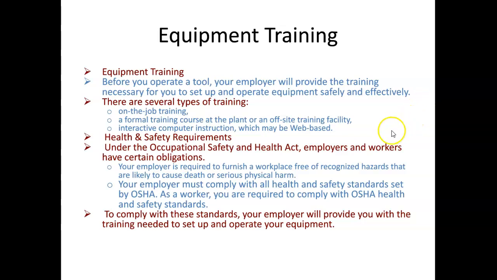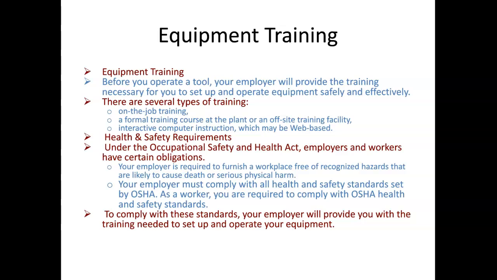If we talk about equipment training, you should never go up and start to operate a machine or a tool until you have been provided with some type of training to know how to set up and operate that equipment safely and effectively.